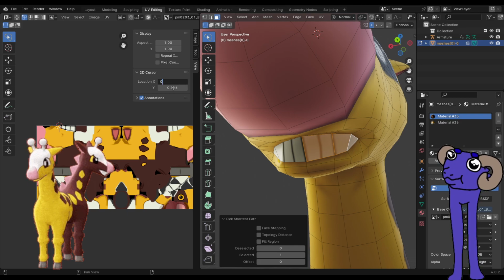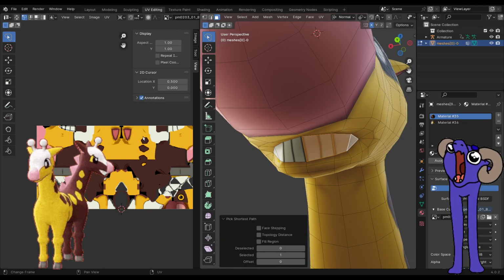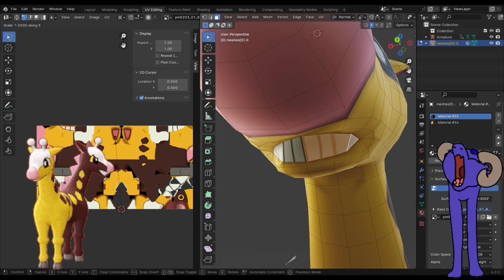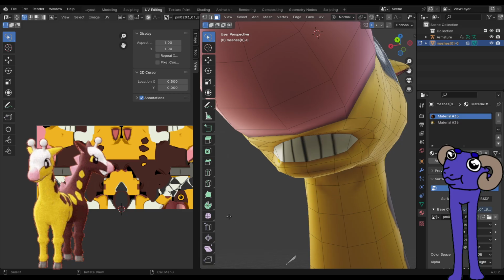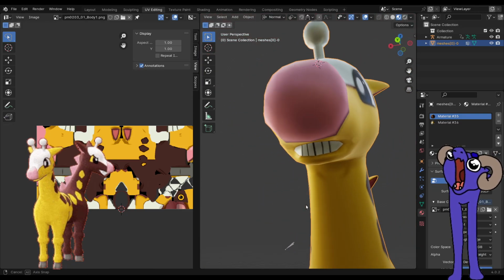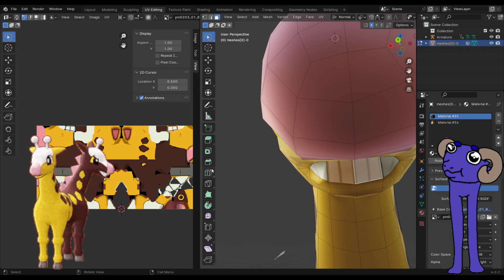So we want this to be 0.5 and you to 0, and then we want to move based on the 2D cursor because we want to scale you negatively. This is definitely going to be a trust the process moment.